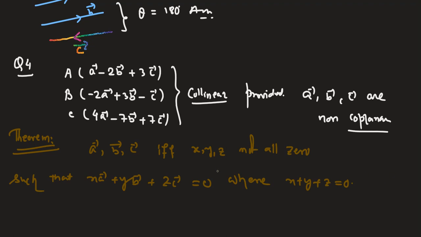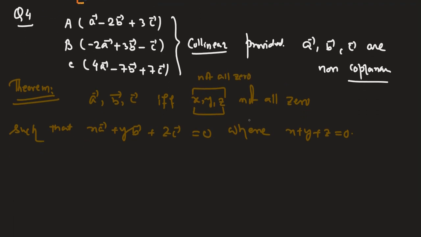And these scalars are not all 0 at a time. So this is the criteria. We want to use this result in this problem. That means basically we want to find x, y, z.